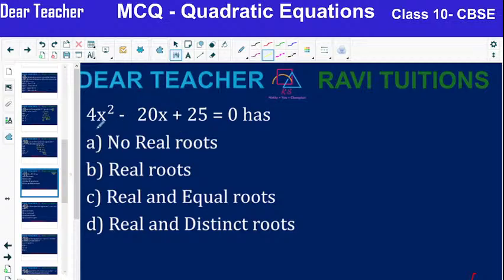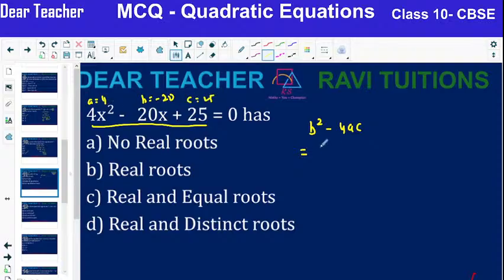In this equation, we have to find out the nature of the roots. So that means you should find out b square minus 4ac. b is minus 20, a is equal to 4, and c is equal to 25.